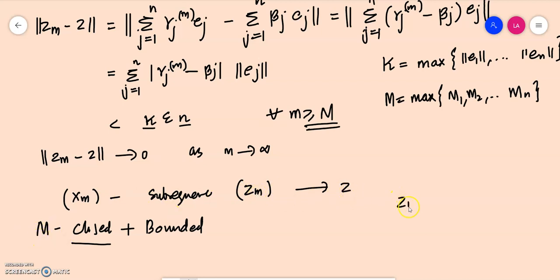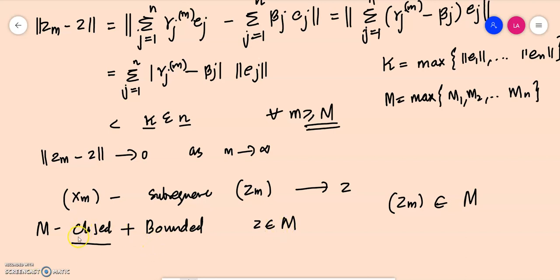Zm is actually a sequence in capital M, because zm is a subsequence of xm. Xm is actually a sequence in M. And M is closed means the limit of every sequence which is defined on M should belong to M. So we can say that z is an element in capital M.